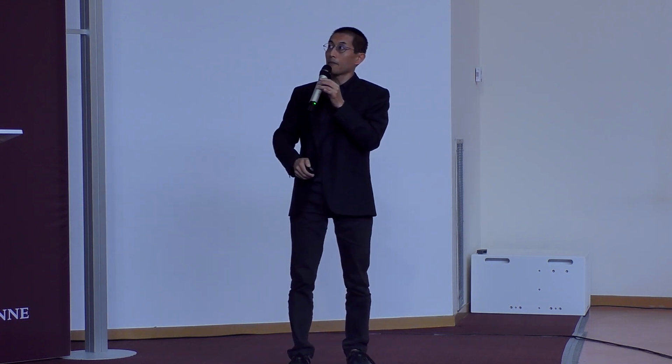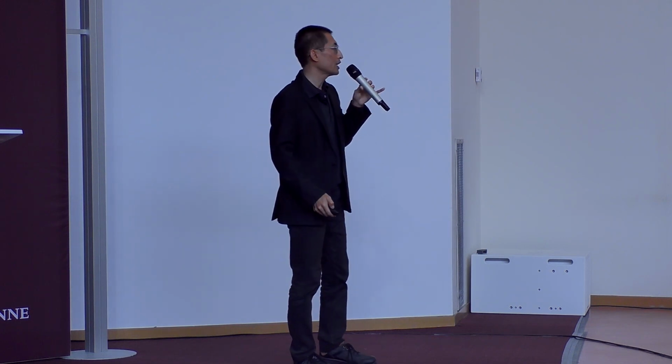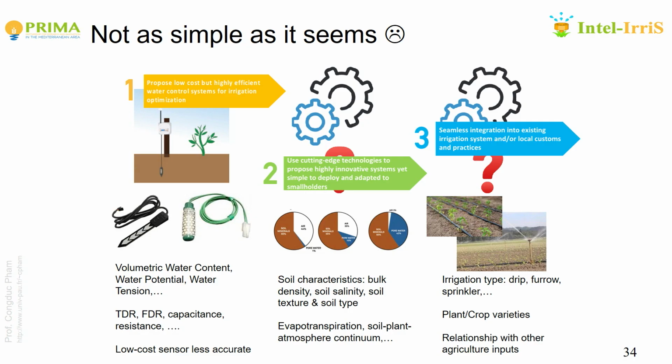So we use cutting-edge technologies, but we also want seamless integration into traditional practices. When you work with smallholders, this is a very particular community. You can't go to small farms and say, okay, you have to replace all your traditional practices by using our technologies, because there's a problem of technology acceptance, and you have to adapt yourself to what they are actually doing.